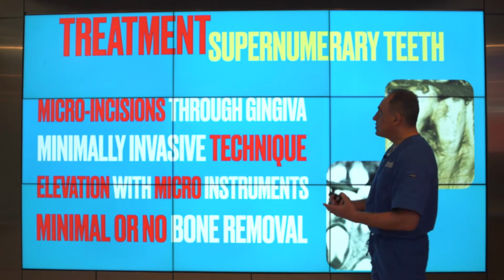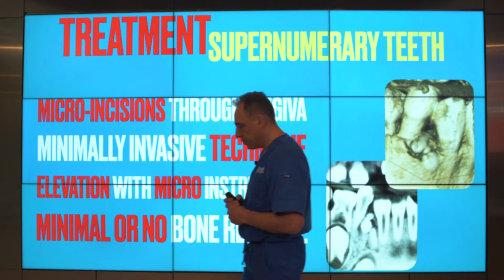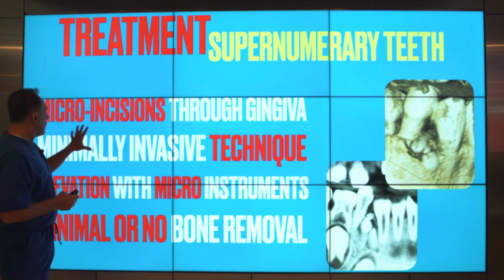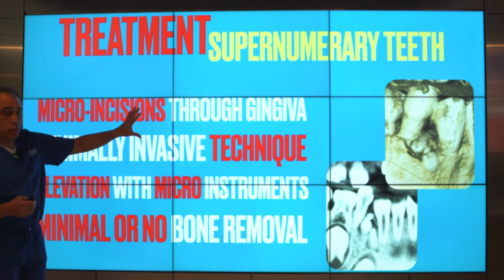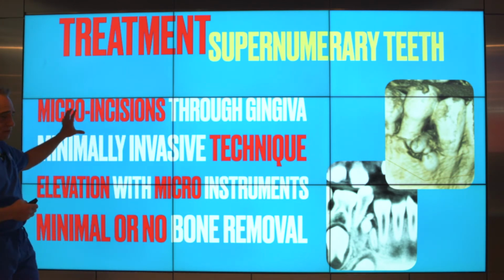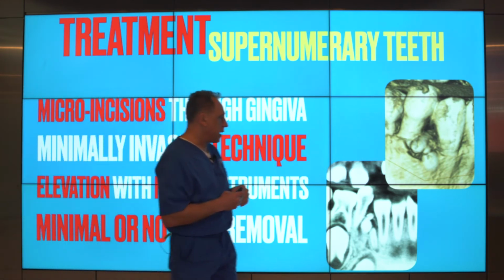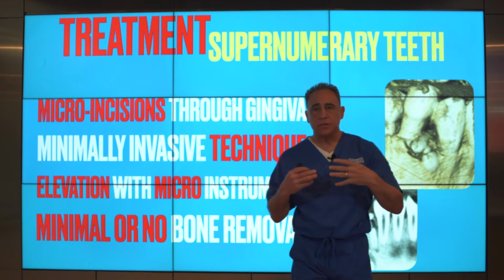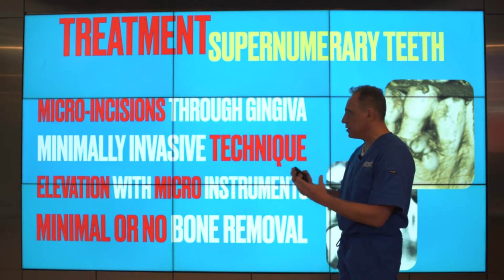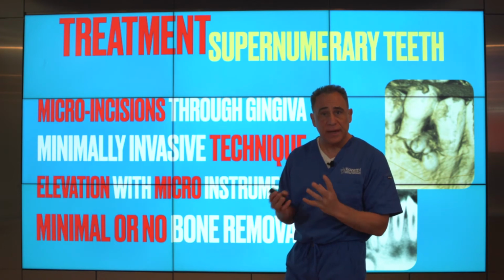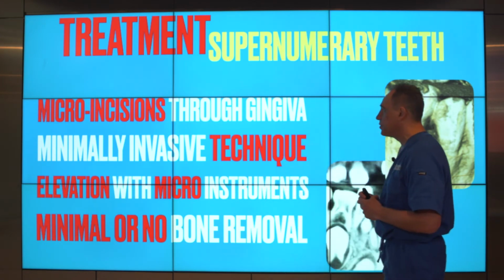So what is the treatment sequence for supernumerary teeth? How do we treat these conditions? Primarily, the teeth most of the time can be accessed using pretty much a micro incision through the gingiva. In many situations, the supernumerary teeth are fairly accessible, again depending on the age of the patient and the state of development.